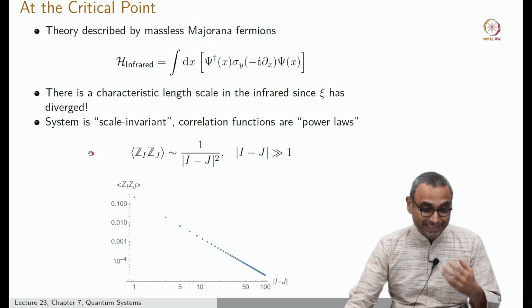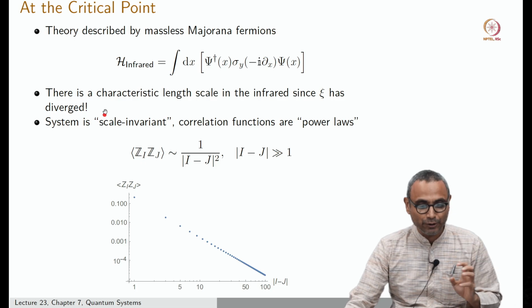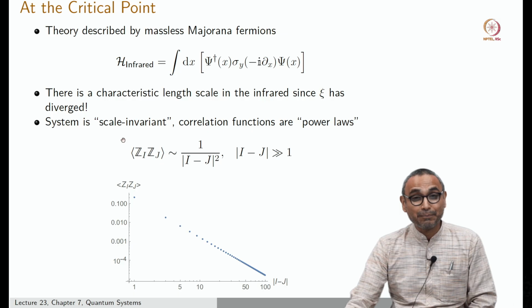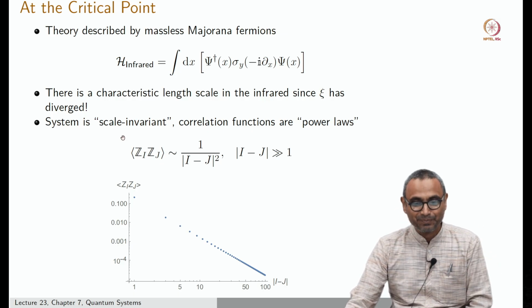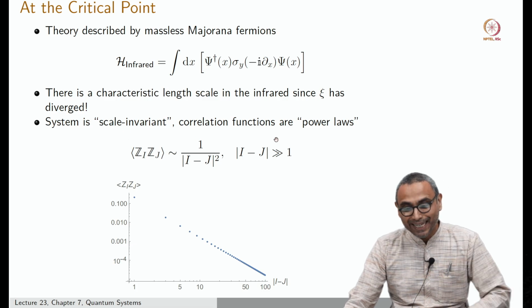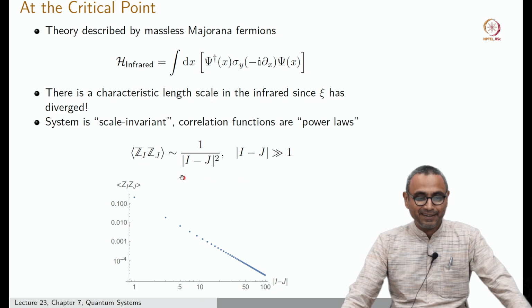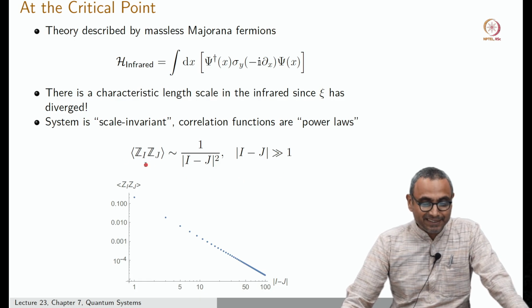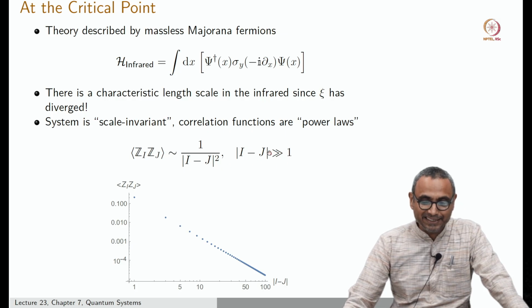We will see what this means as scale invariant later in the course, but for now we will just use this as a term. The system has no intrinsic scale and becomes scale invariant, and the correlation functions become power laws. For example, this quantity z_i z_j, at large separations between i and j, with i minus j much greater than 1, will go as 1 by (i minus j) squared.